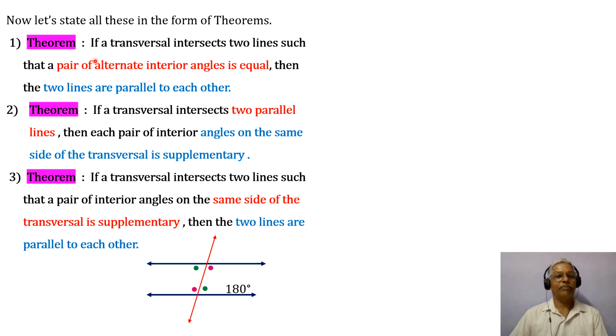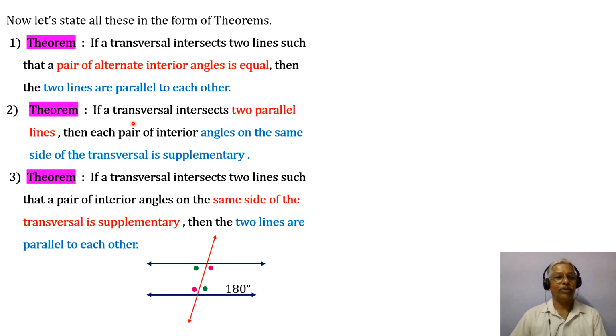First theorem: if a transversal intersects two lines such that a pair of alternate interior angles is equal, this is one pair and this is another pair, if these are equal, then the two lines are parallel to each other.